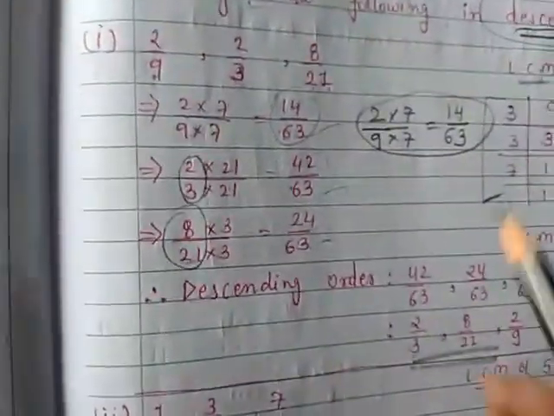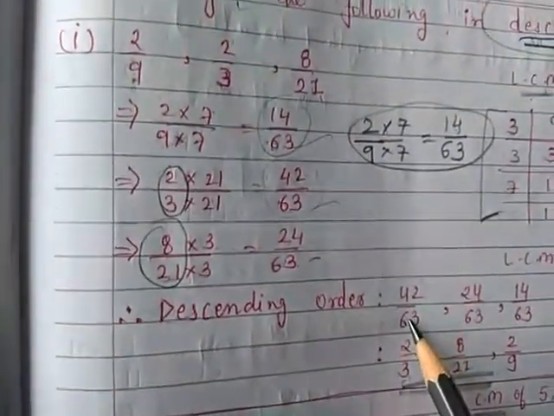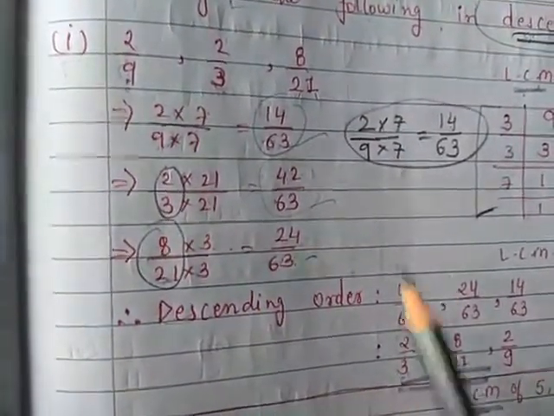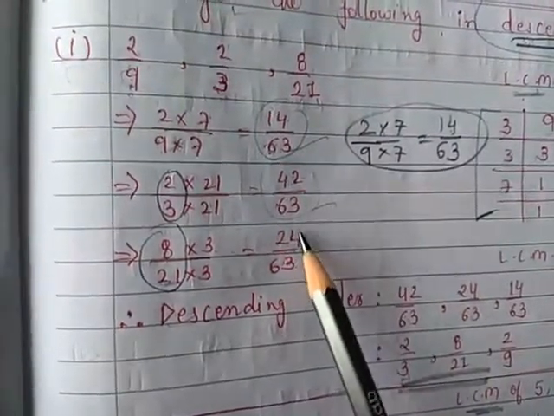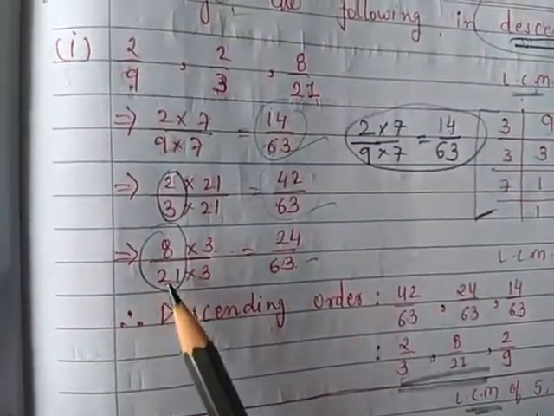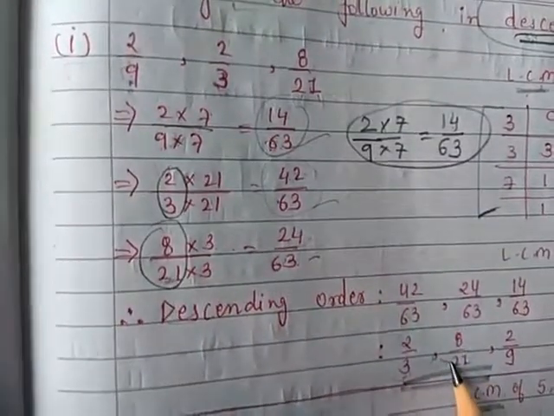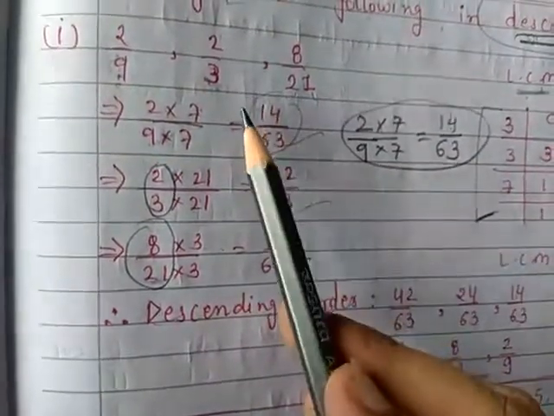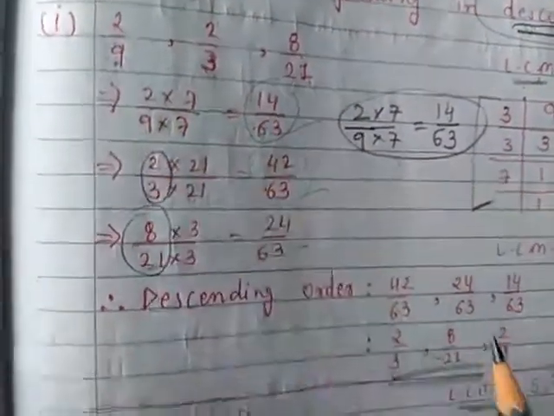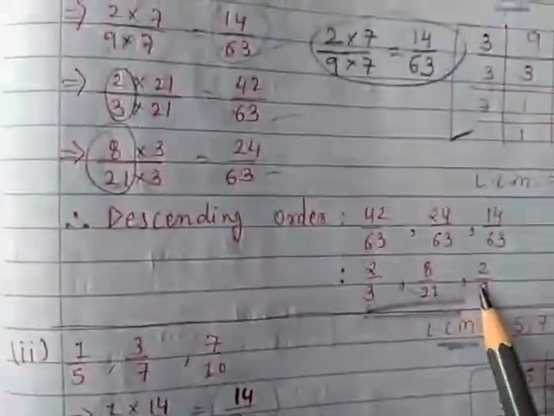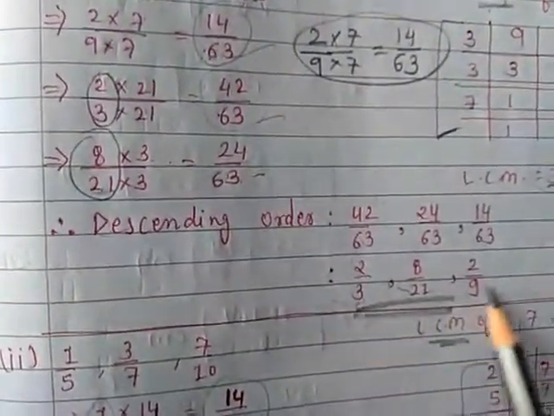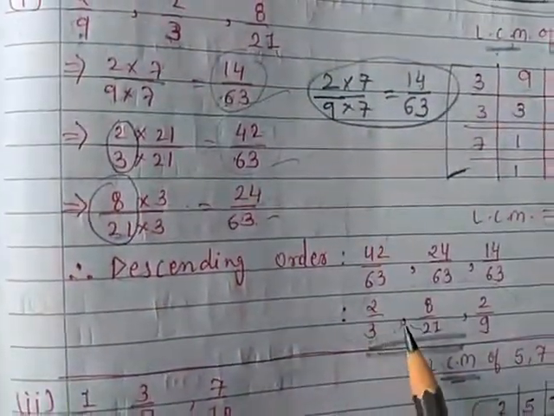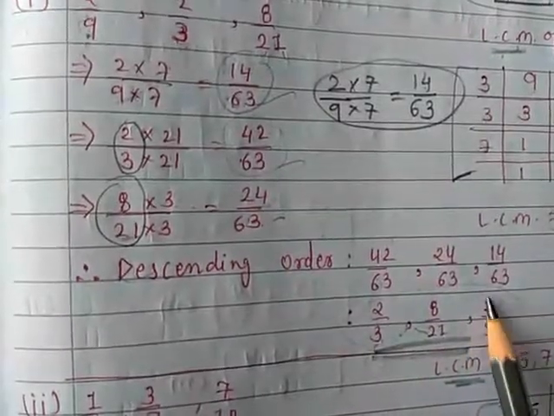Again see, 42 upon 63 is the answer of 2 upon 3, so we write here 2 upon 3. 24 upon 63 is 8 upon 21. And in the last 14 upon 63 means 2 upon 9. Okay students, understood? By this way we make the descending order of all the fractions: 2 upon 3, 8 upon 21, 2 upon 9.